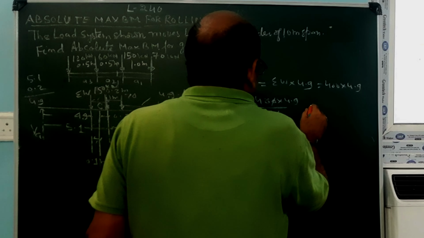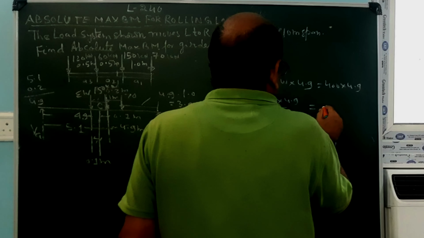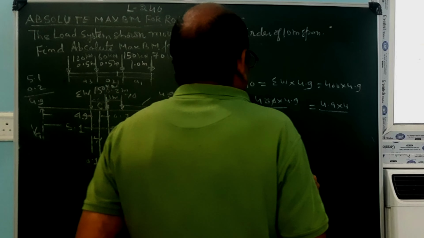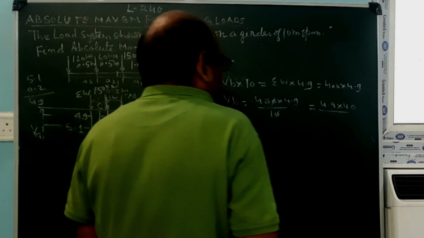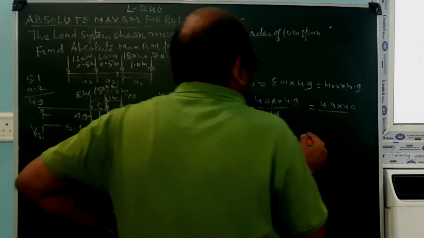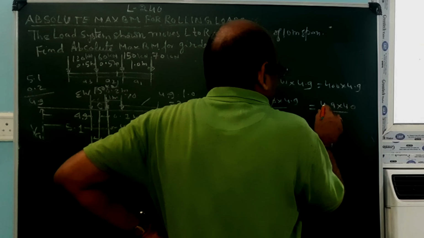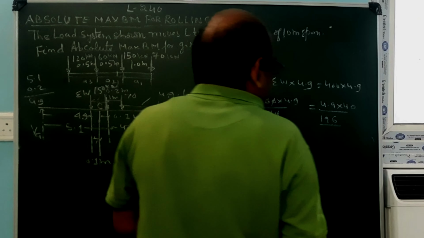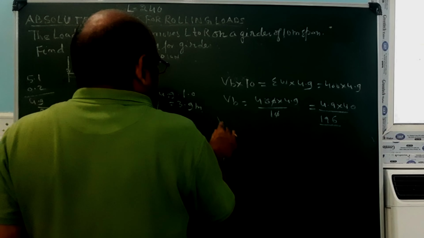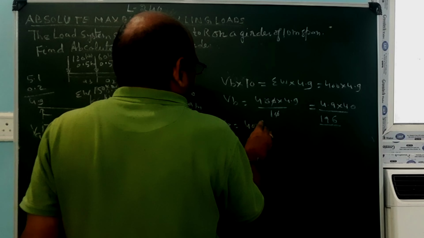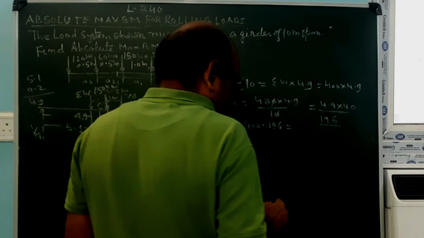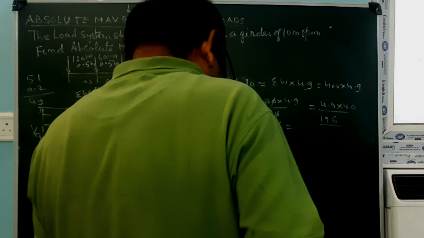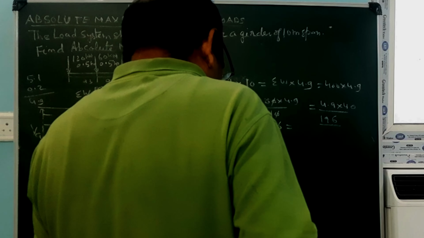So this is 4.9 into 40, which is 196, and BA equals 400 minus 196, which is 204.